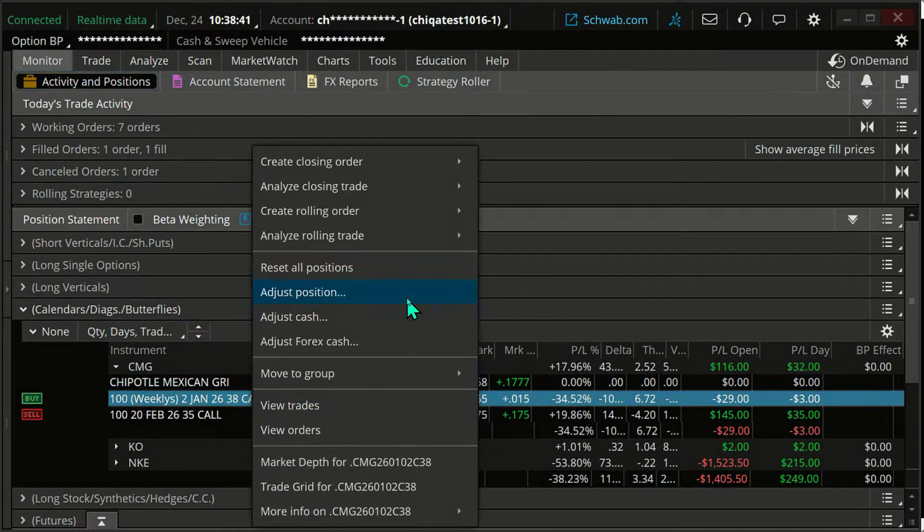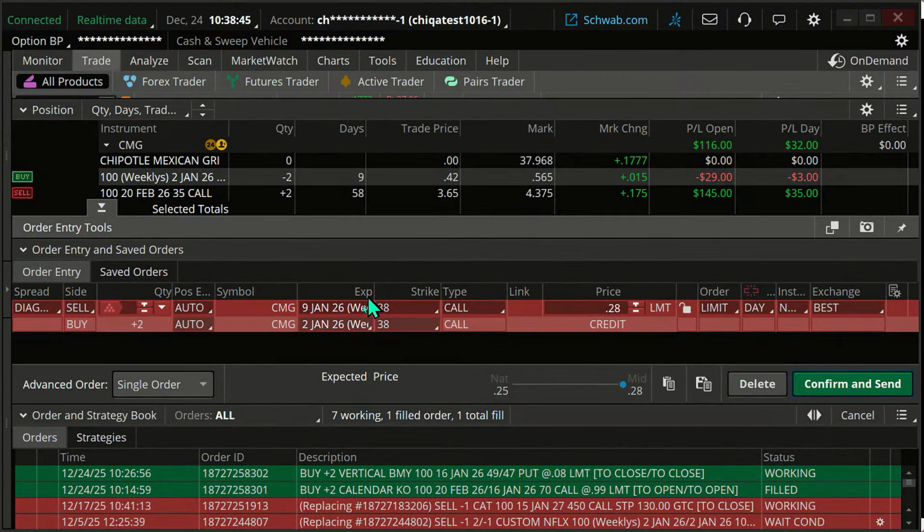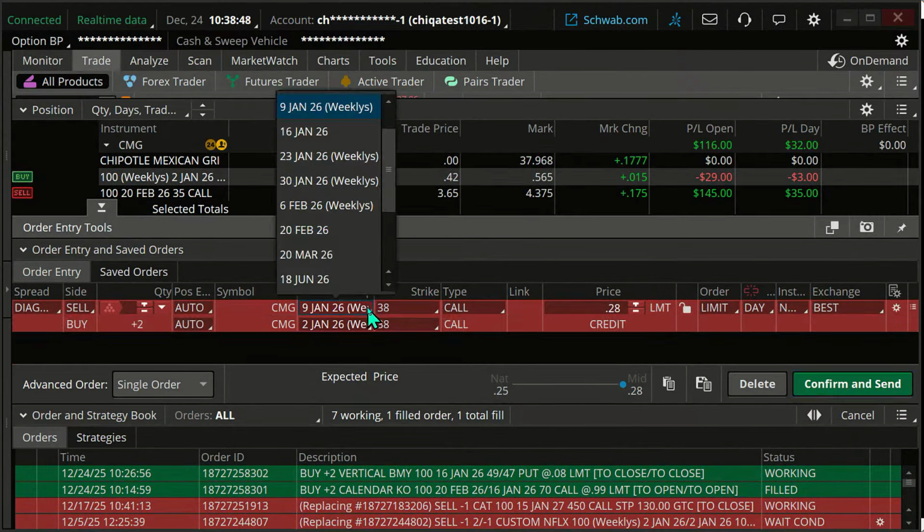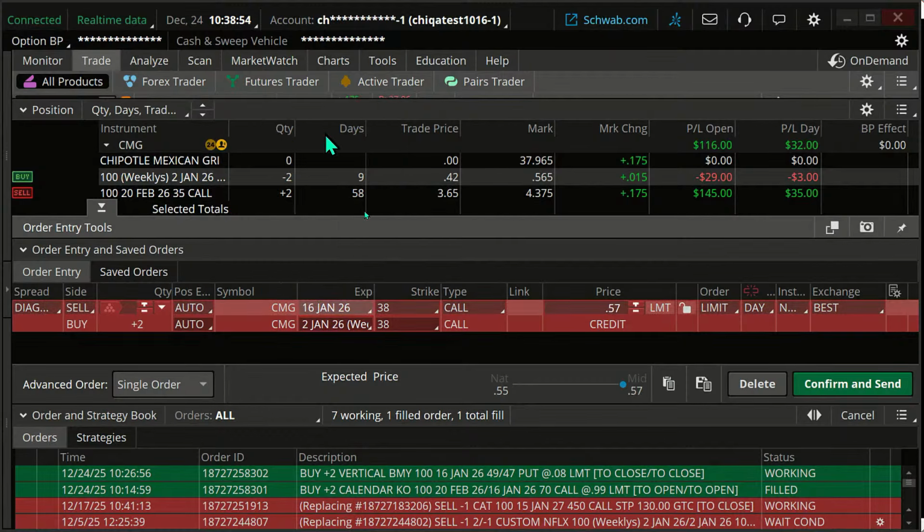So I'm going to roll this contract. I'm going to right click on it, create a rolling order. We're going to go from January 2nd and we're going to make this January 16th. And we said we were going to do this as a 39 strike. Now, we're not getting much of a credit here, but we're also moving it out of the money further.